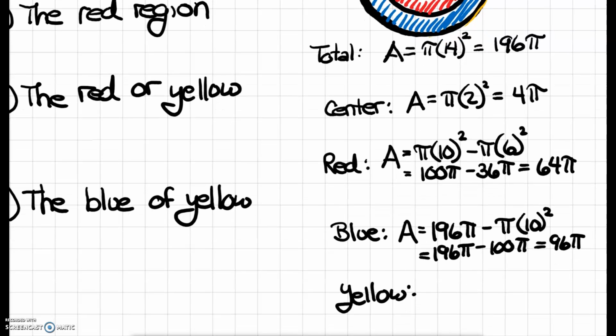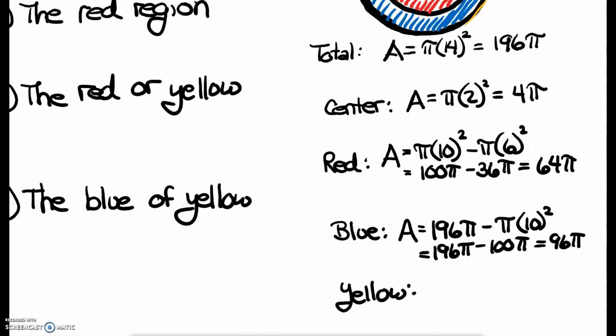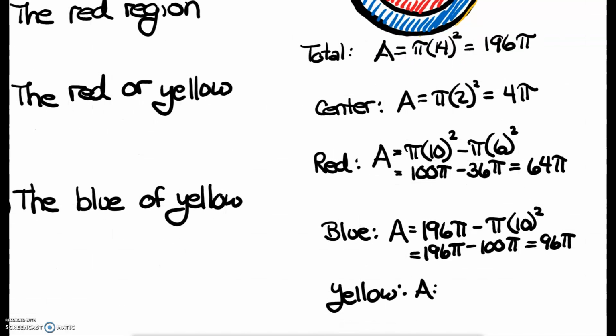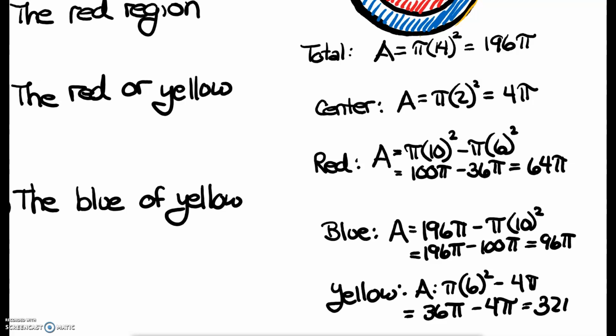And then for the yellow, it has a radius of 4 and 2 is 6. So it's going to be pi 6 squared minus the area of the center, which we've already calculated to be 4 pi. So we get 36 pi minus 4 pi, which is 32 pi.